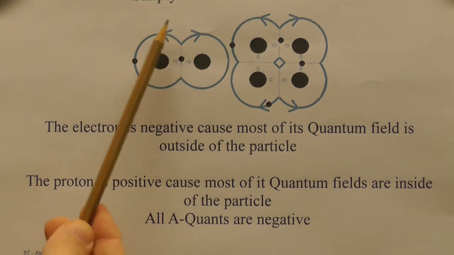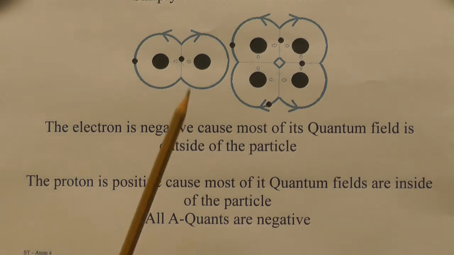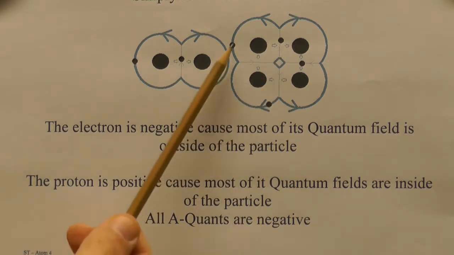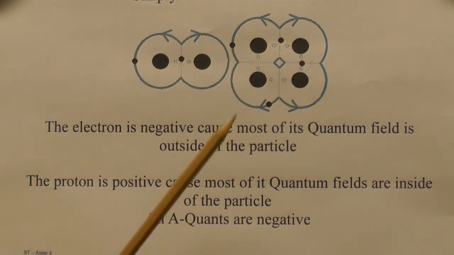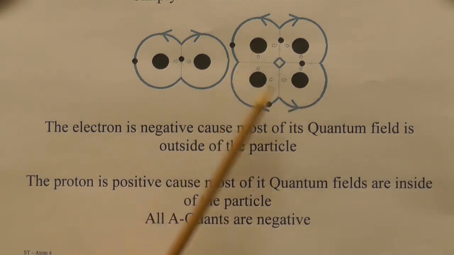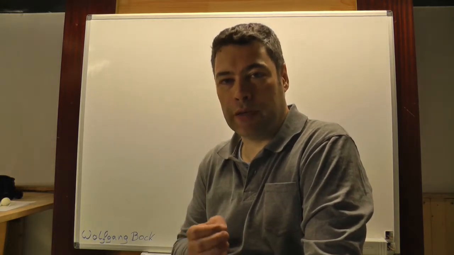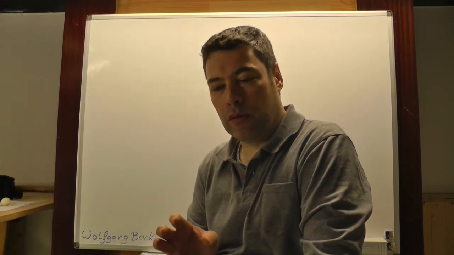On an electron, most of the distance is outside, so this is the negative part, while in a proton, most of the distance is inside, so there is a positive loading. As you can see, if a quantum pressure effect is possible, it can connect quants.